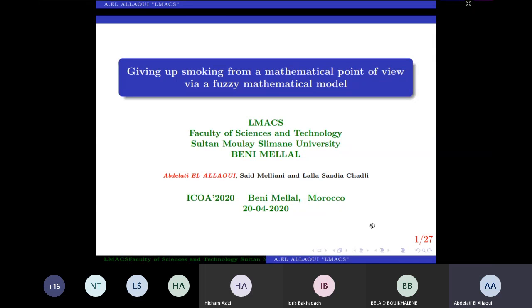Hello, everybody. First of all, I want to thank the ICOA committee for agreeing to present my work entitled Giving Up Smoking from a Mathematical Point of View via a Fuzzy Mathematical Model, in collaboration with my thesis director, Professor Saeed Miliani, and my thesis co-director, Madam Lalla Saadiya Shadli.